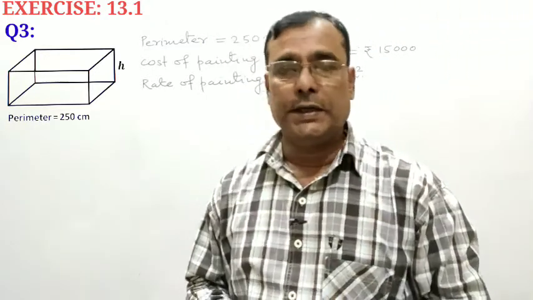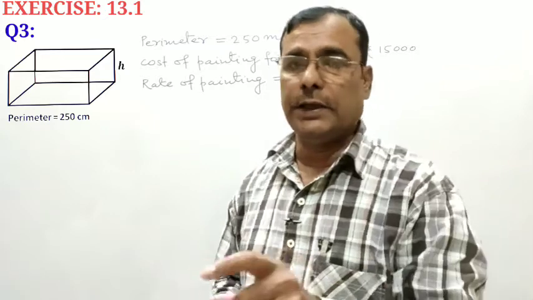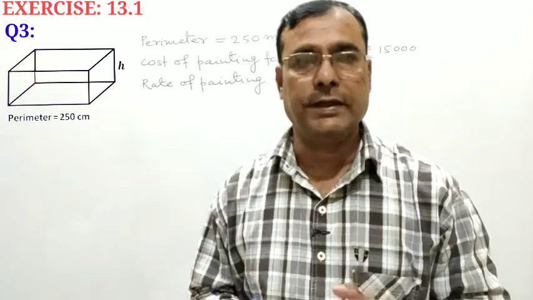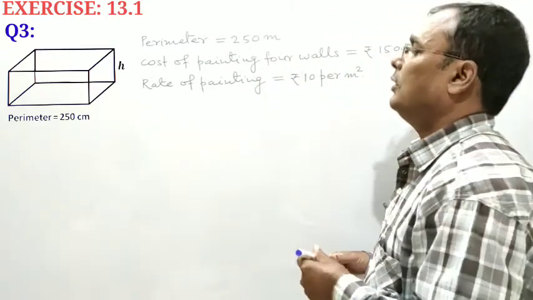Total cost of painting four walls is given rupees 15,000 and rate of painting given rupees 10 per meter square. So first let us find out area of the four walls of the rectangular hall.